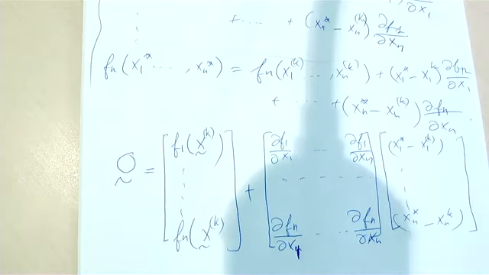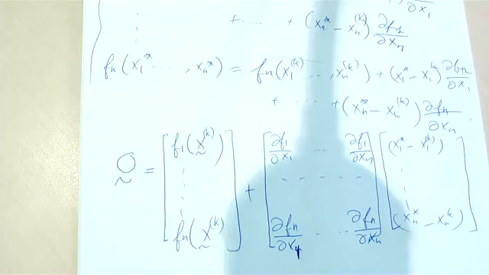So you condense everything, compress into one line. Yeah? And what is the name of this matrix? Jacobian matrix. Yeah? So this one is a Jacobian matrix.